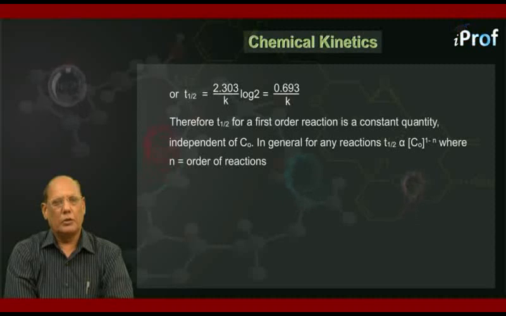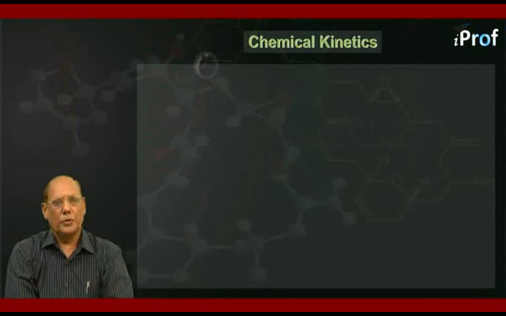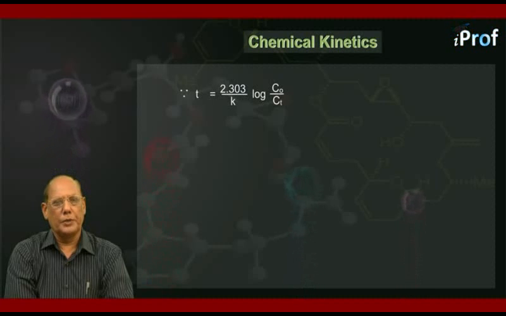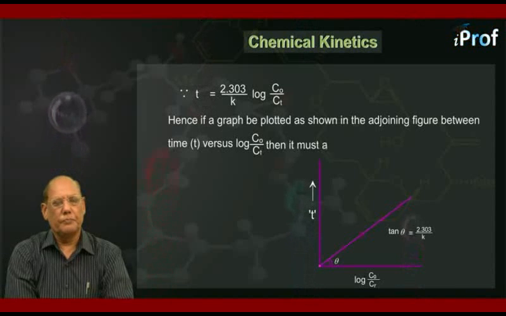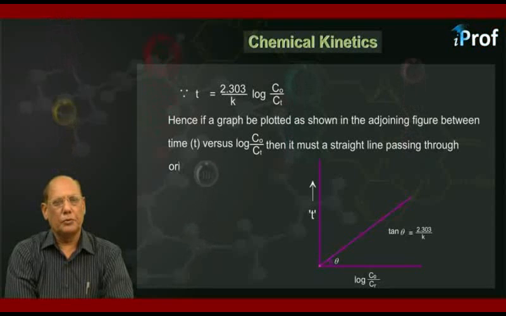Well, our third characteristic is graphical presentation. Since T is equal to 2.303 upon K log of C0 by Ct, hence if a graph be plotted as shown in the adjoining figure between time T versus log of C0 by Ct, then it must be a straight line passing through origin.